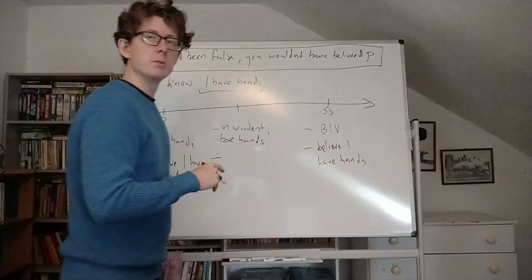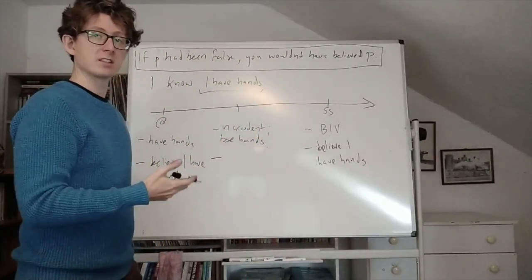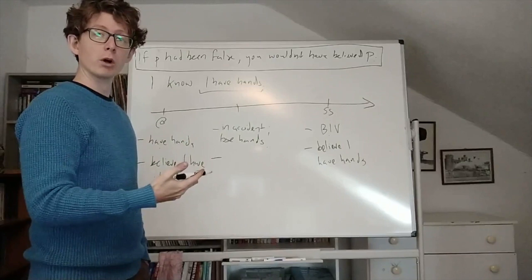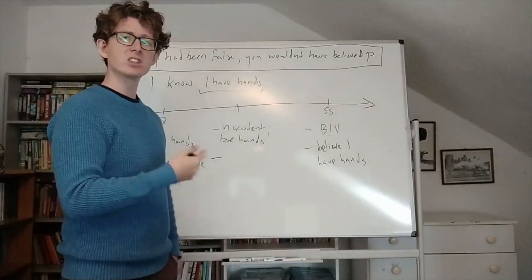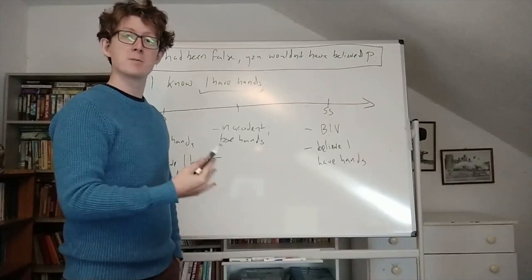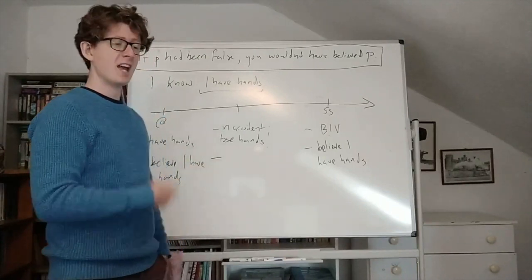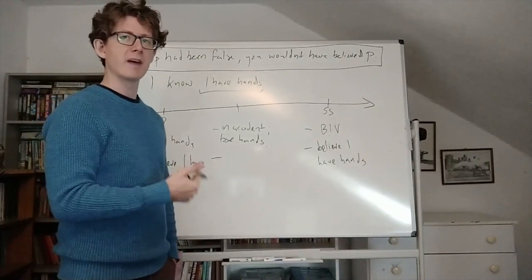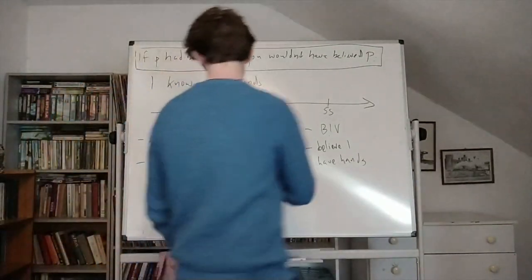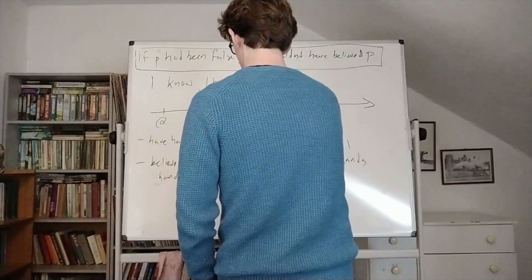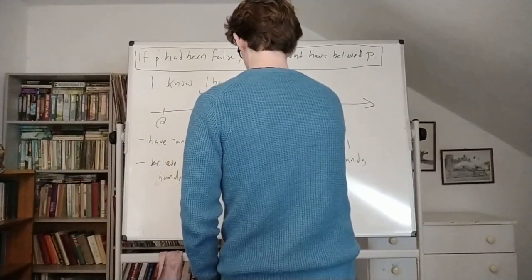What are my beliefs going to be like in a world where I'm in an accident and lose my hands? Is that going to be a world where I continue to believe I have hands? Well, of course not. It looks like it's going to be a world where I'm very upset about the fact that I don't have hands. But being upset about that is of course going to require me to correctly believe I don't have hands. So here, I don't believe I have hands.